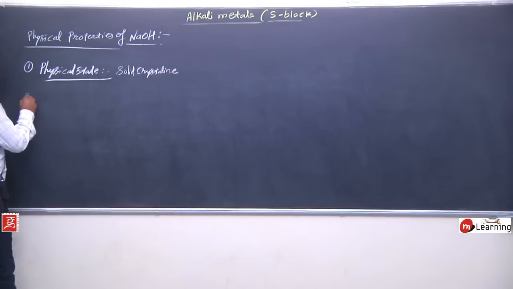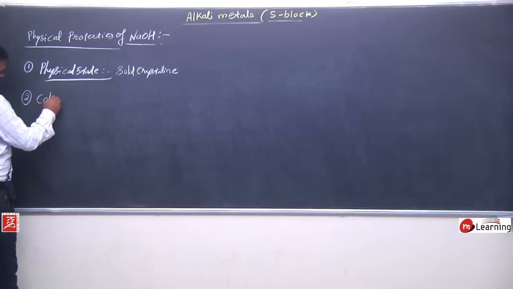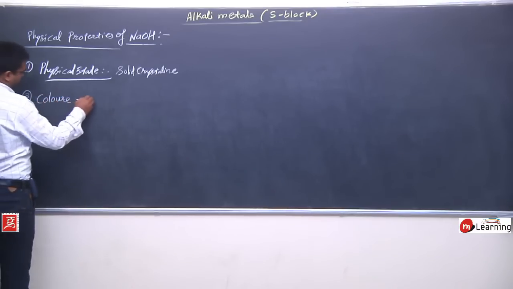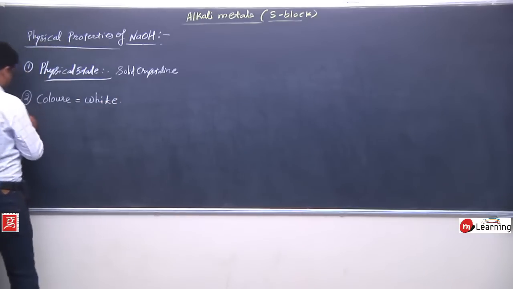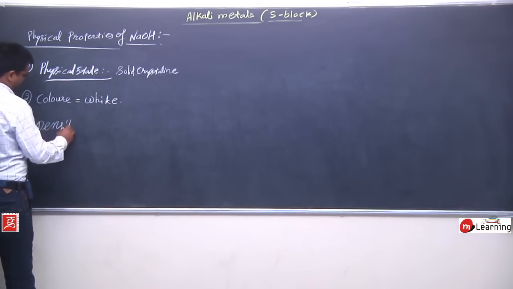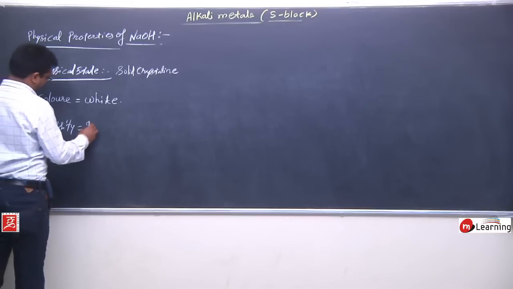Point number two, color: again, white color. Third, density: greater than water.